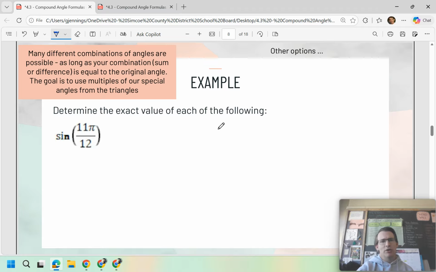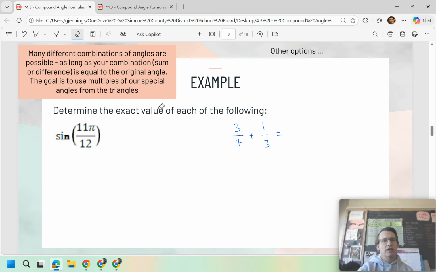But I happen to know, I could try some stuff, right? I could do maybe like 3/4 plus, I don't know, maybe 1/3, and what do I get? That would give me, well, that's not quite it. That's too big. But what if I did something like this?